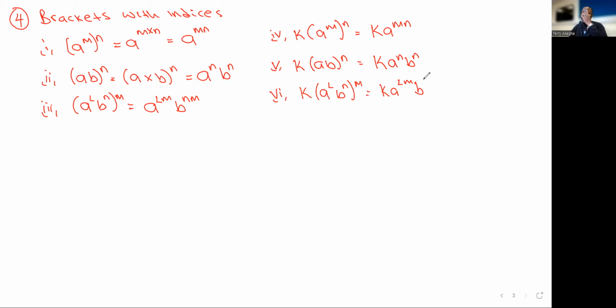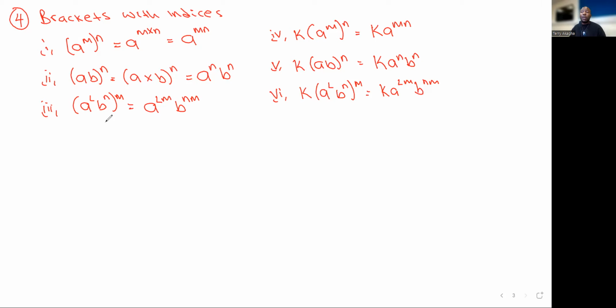Also, there are other forms you can see around. Anyhow it comes around, if you see something like ab raised to the power m multiplied by a constant, basically you multiply the power with everything in the bracket, then multiply the constant outside.